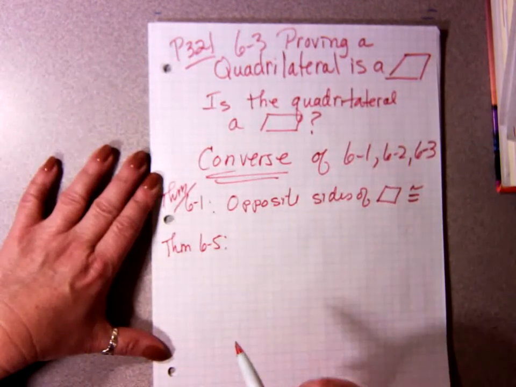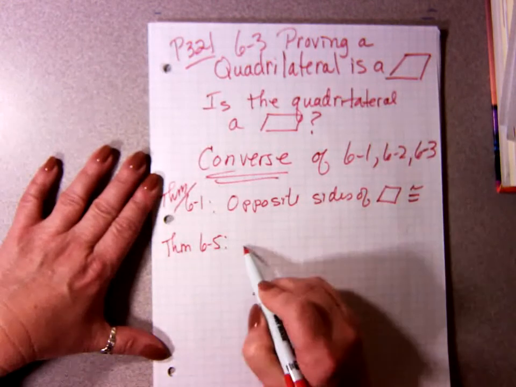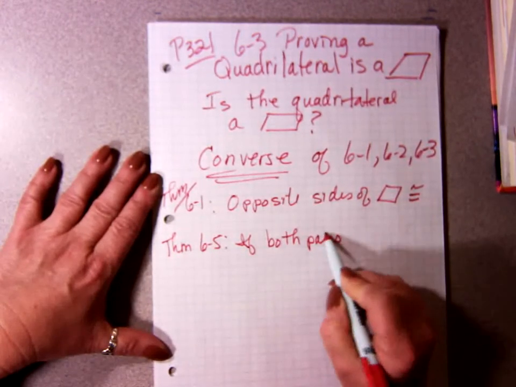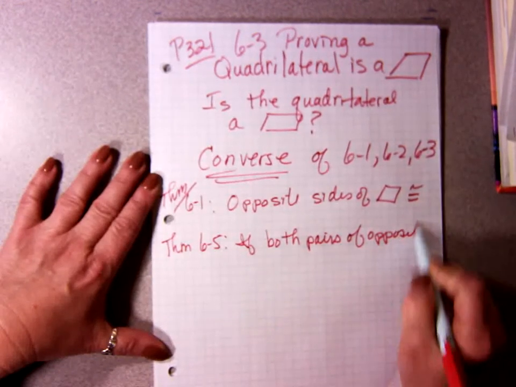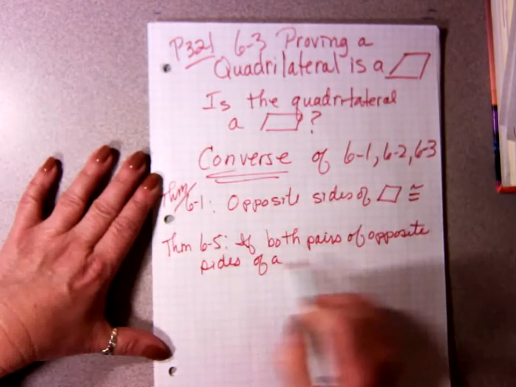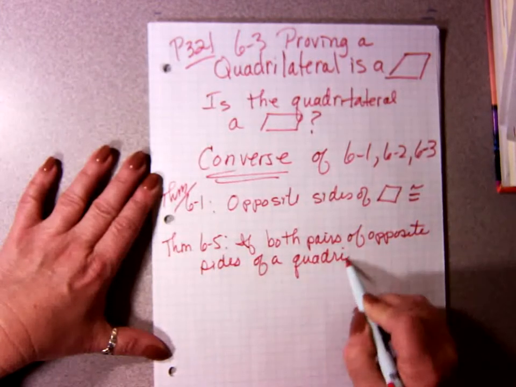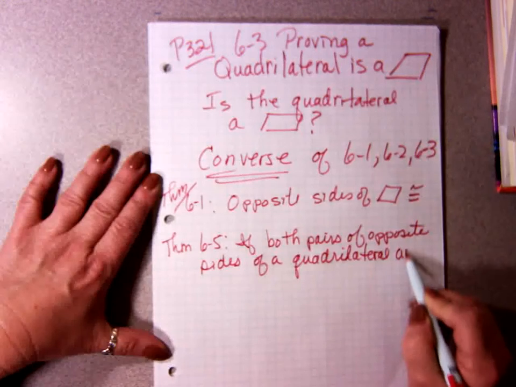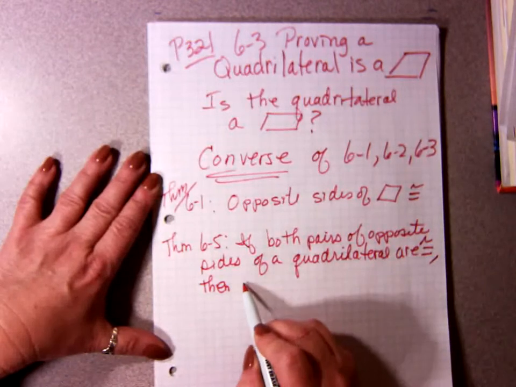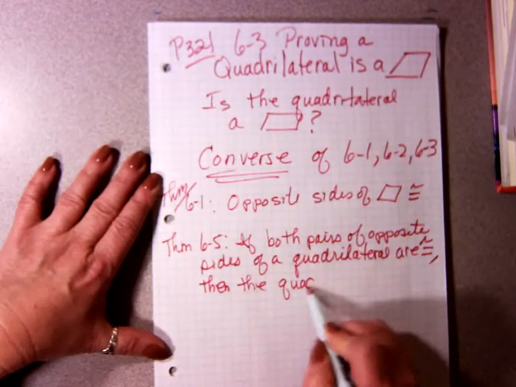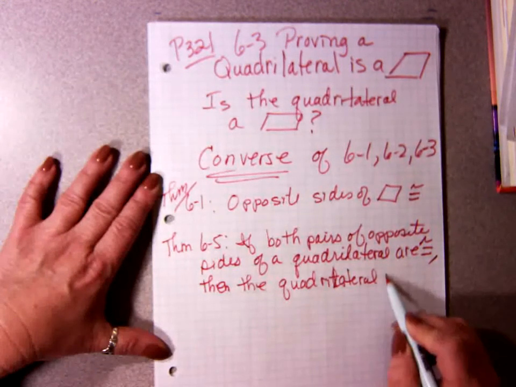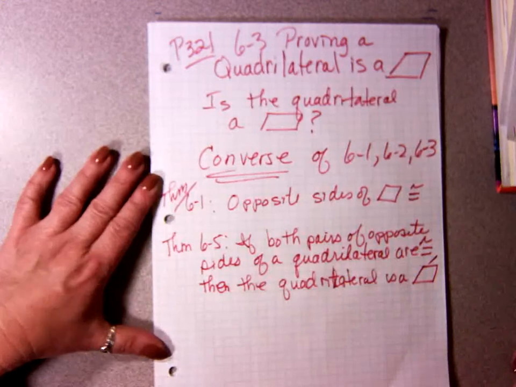So the converse is theorem 6.5, and it states if both pairs of opposite sides of a quadrilateral are congruent, then the quadrilateral is a parallelogram.